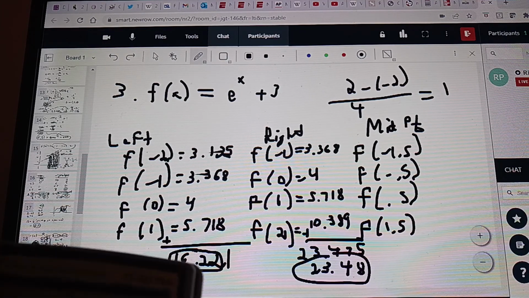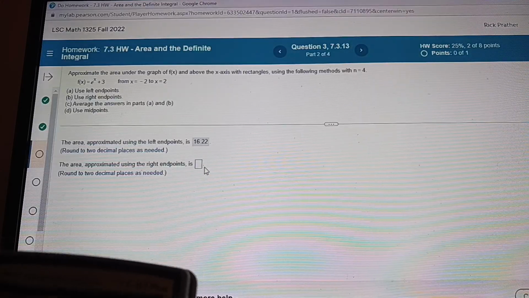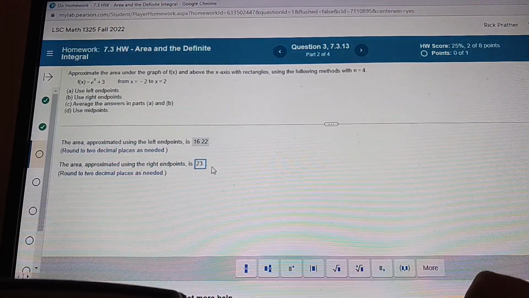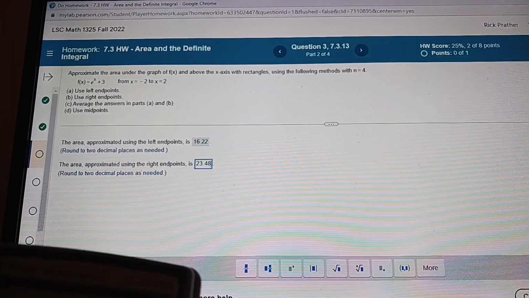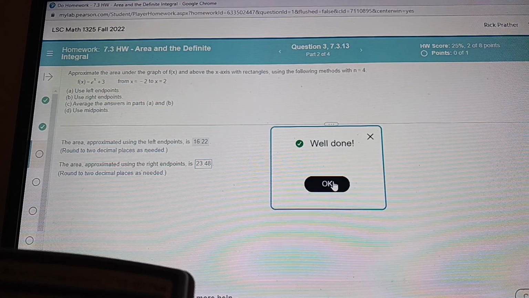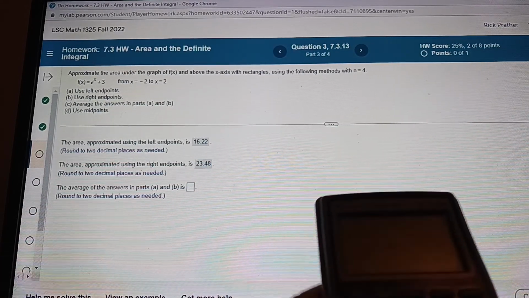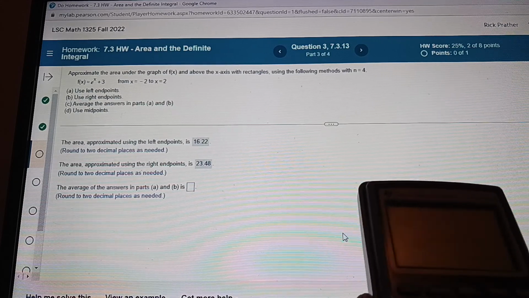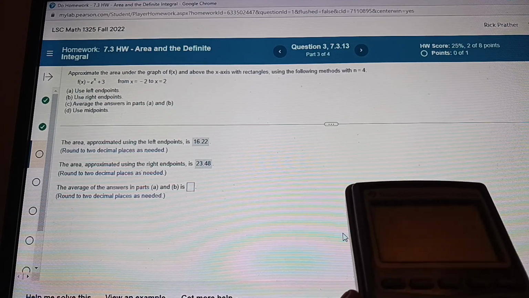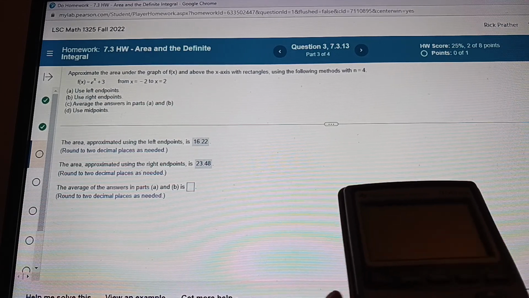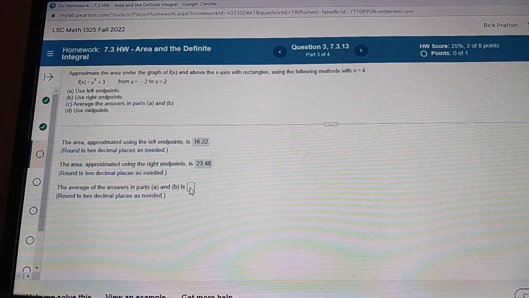This is the right endpoint estimation. So the average of those two, 23.48 plus 16.22 divided by 2, is 19.85.